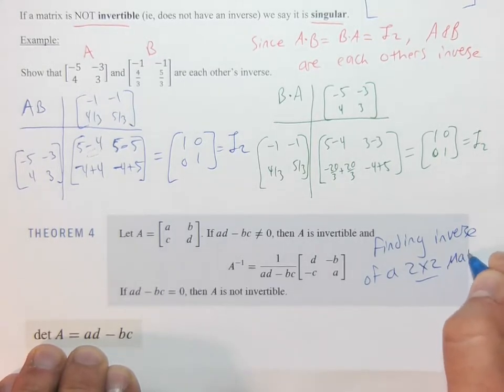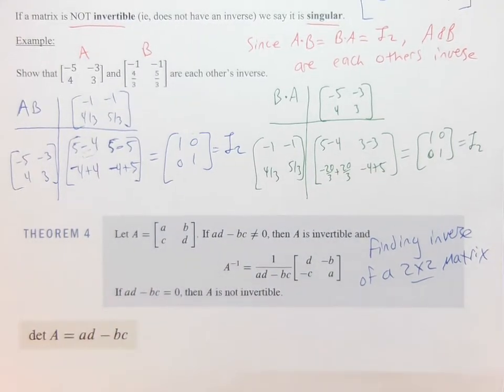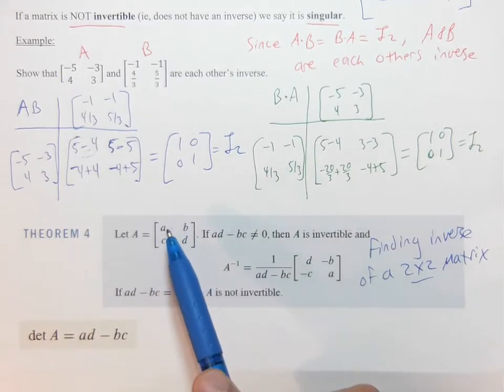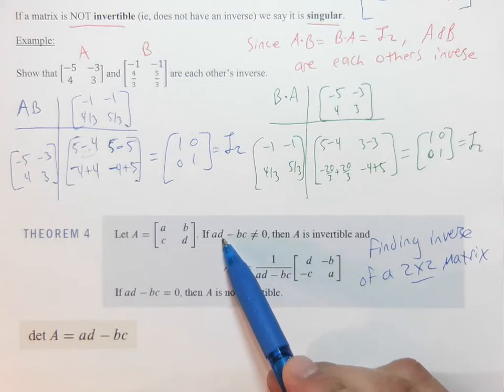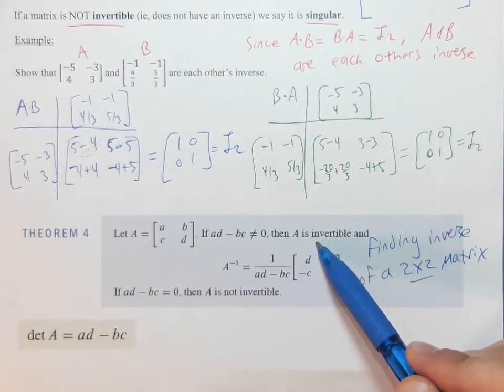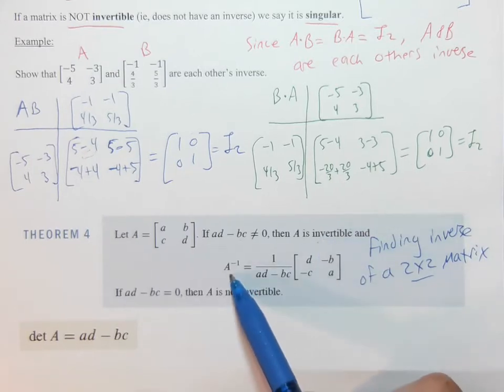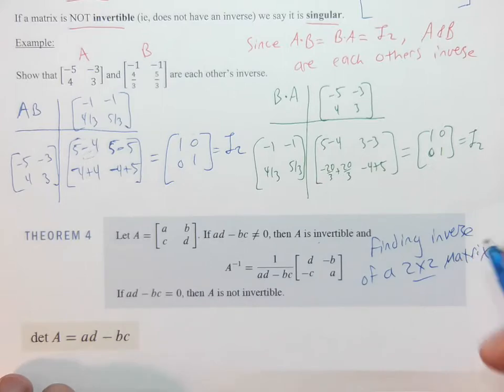There's a very easy formula to do that, and we'll see a general formula that'll work on any matrix on the next section or the next page. But if we have a 2 by 2, A, B, C, D, and assuming that AD minus BC is not 0, then it means that A is invertible, and the inverse is given by this formula right here.